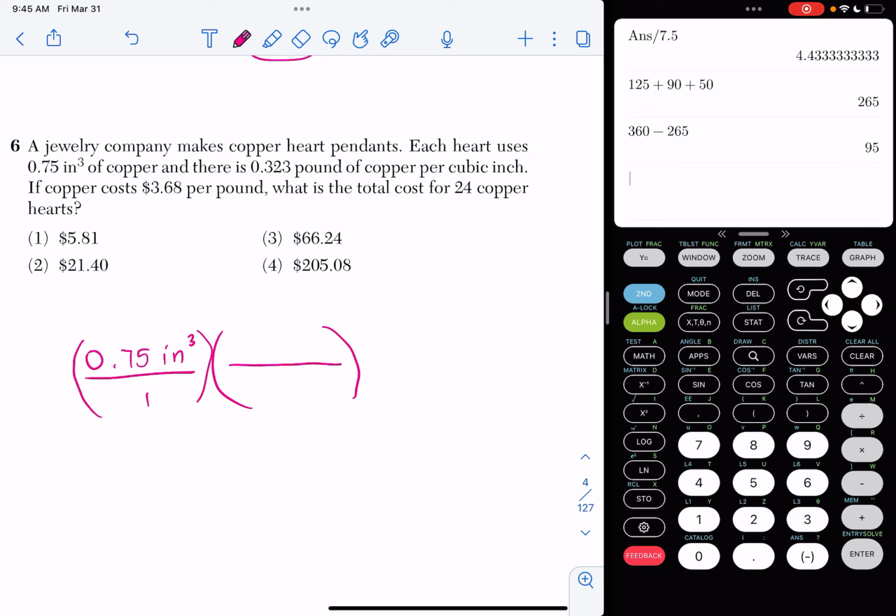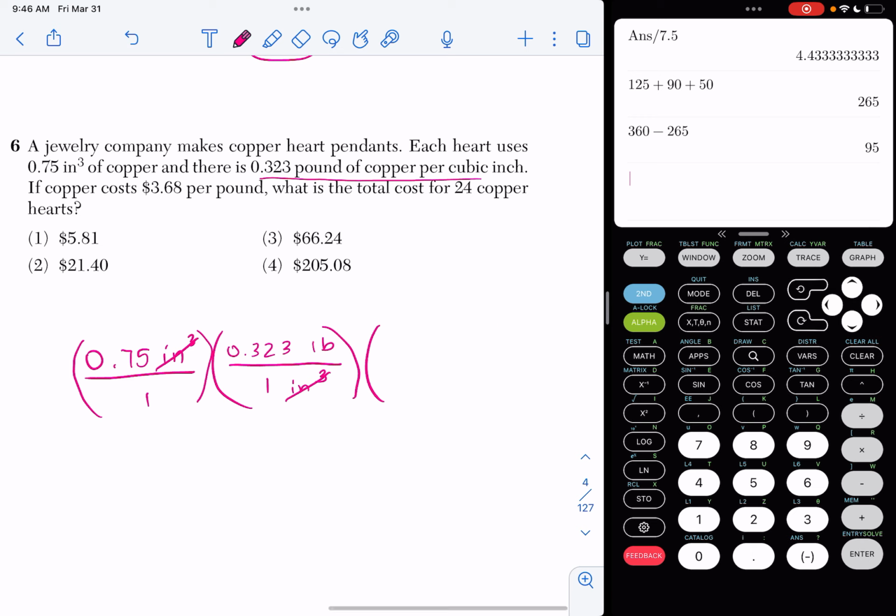So let's move on to the next fact: 0.323 pounds of copper per cubic inch. I'm going to multiply by that next fact, 0.323 pounds of copper per 1 cubic inch. This is the way I would need to multiply these because I need these cubic inches to cancel out and go away, because I don't want that unit anymore.